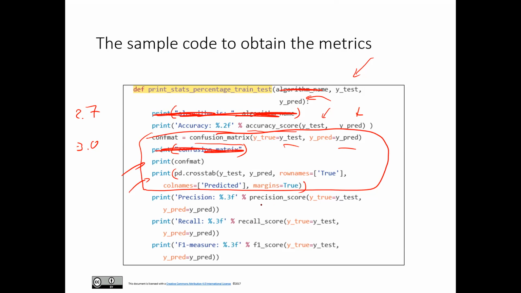Then you have precision here, you have recalls here, and you have F1. And these are the modules that you import. So when you import the sklearn.metrics, you will import these metrics here. Okay? So this function, this code, you can just use as is.